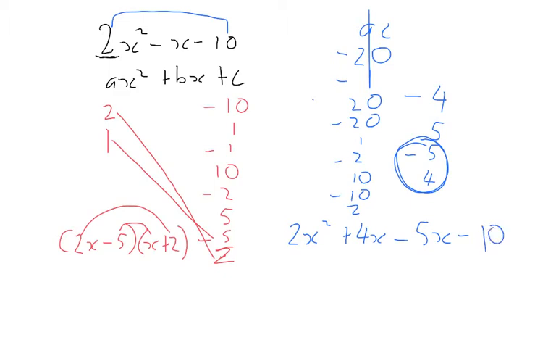Now knowing where to put the 4x and the 5x can be a bit tricky, but what you're doing is looking for common factors. It's a little bit of common sense that obviously the 2x squared has to go with the 4x, and we've got the minus 5x and the minus 10. The reason why is because we're going to be factorising each of those. I'll put in the brackets, and if we factorise that, we look for a common factor.